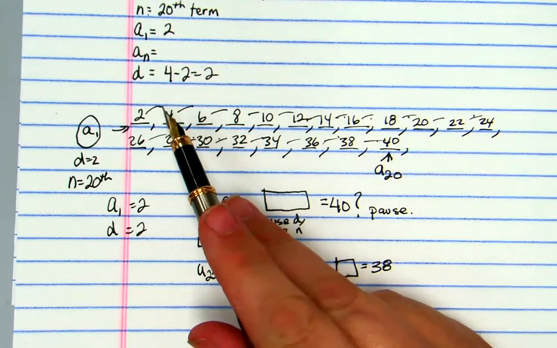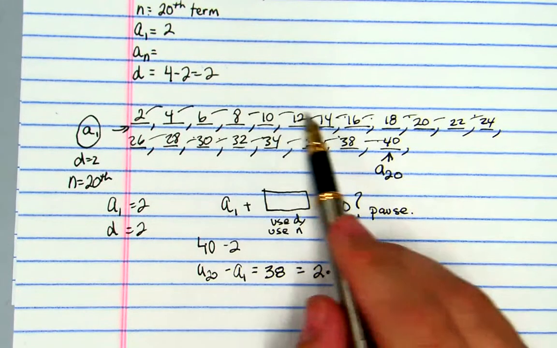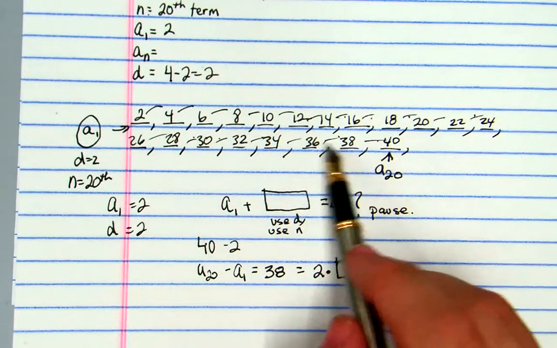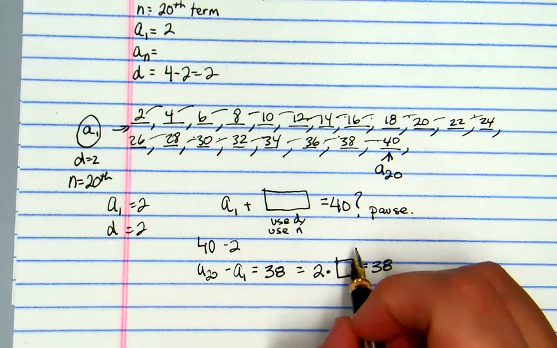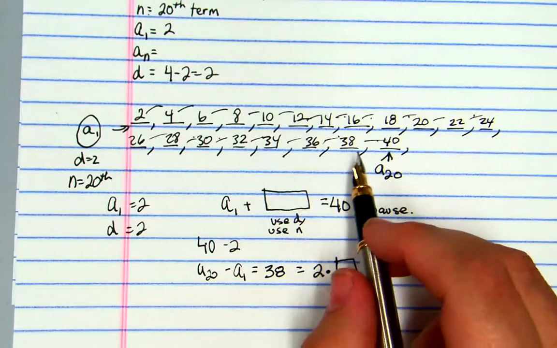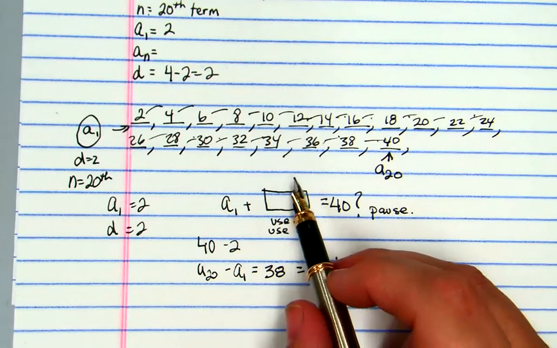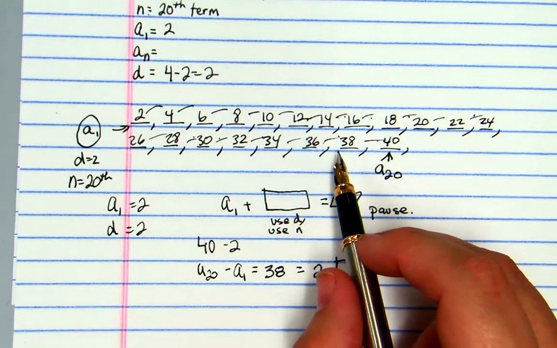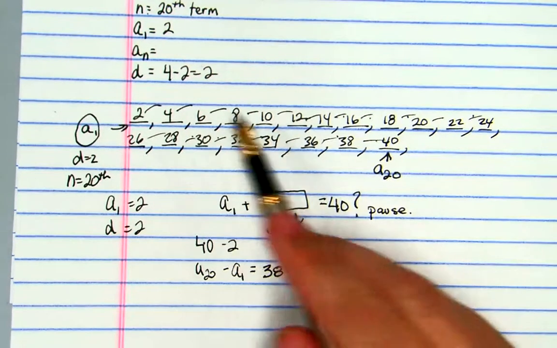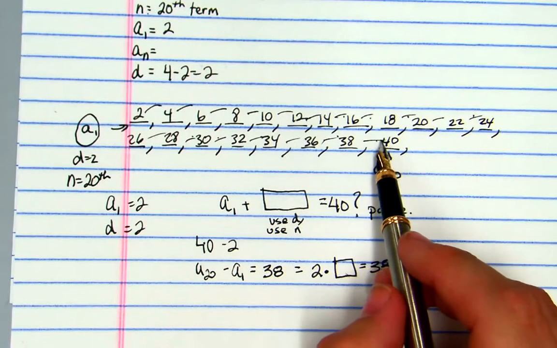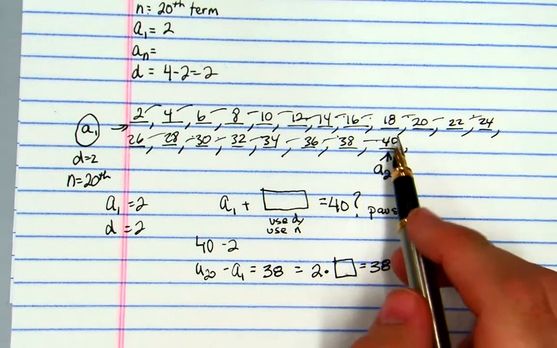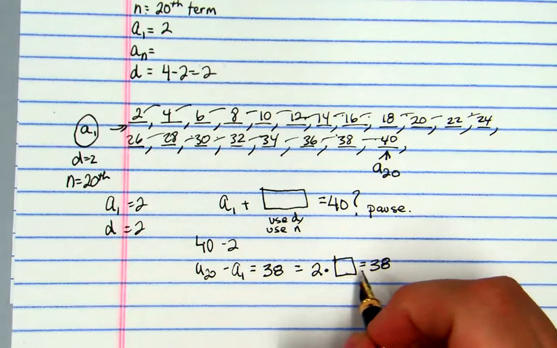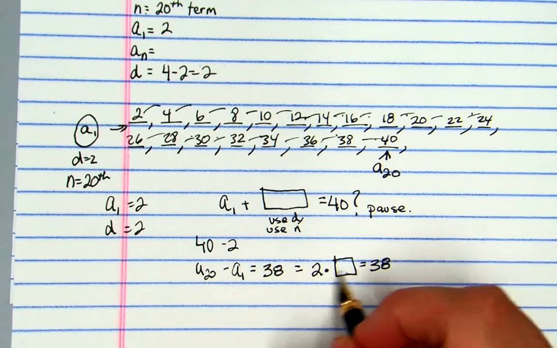So just because I added 2 all the way here, that really didn't help me as much. Because if I added 18, 2 times 18 is 36, isn't it? If I get 36 plus the 2, I get to 38, but that's not what I want. I want 40. So, now, 2 times what equals 38?